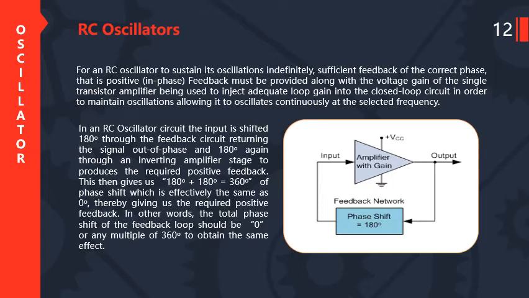This gives us 180 plus 180 equal to 360 degrees of phase shift, which is effectively the same as 0 degrees, thereby giving us the required positive feedback. In other words, the total phase shift of the feedback loop should be 0 or any multiple of 360 degrees to obtain the same effect.